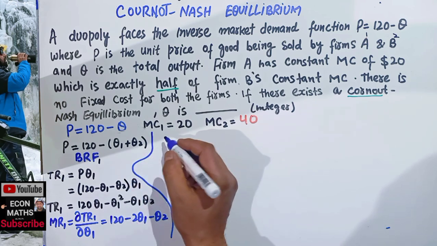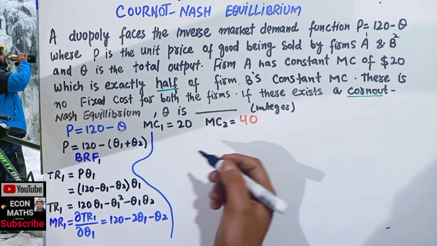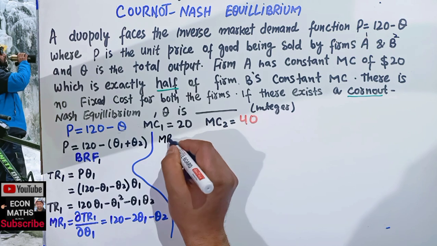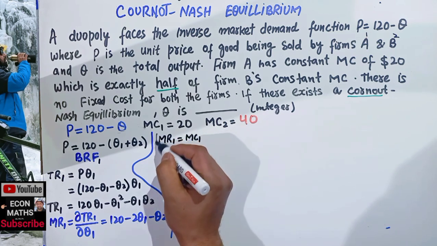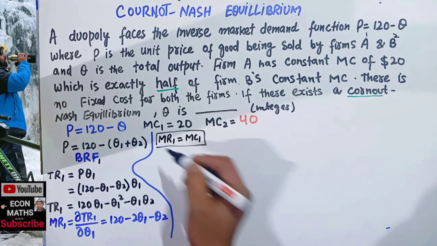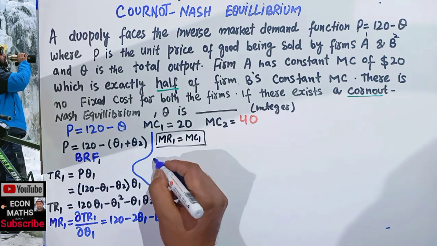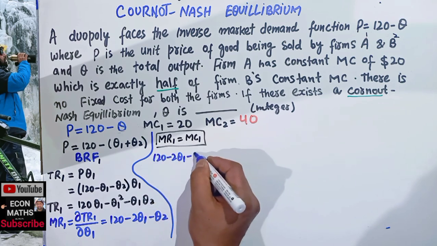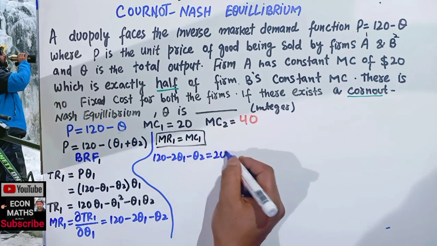Next we need the marginal cost, which is given to us. Now equilibrium requires that marginal revenue 1 should be equal to marginal cost 1. Marginal revenue we calculated is 120 minus 2Q1 minus Q2. It should be equal to marginal cost, which is given as 20.